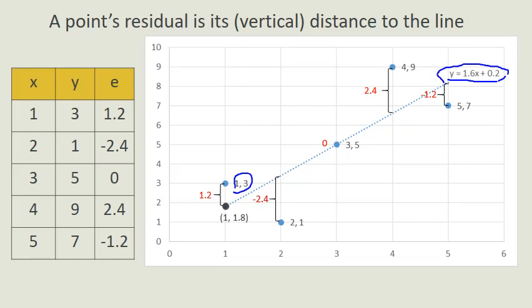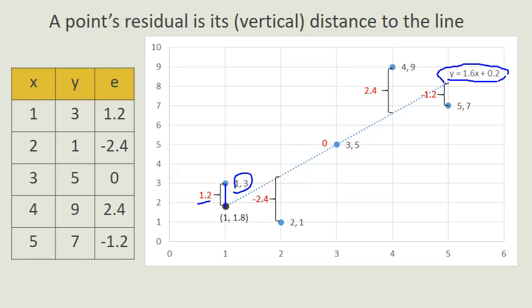And that would be the point on the line directly below the first data point. Then the distance between 1.8 and 3 is the residual value of 1.2. You can verify the other residual values shown here as well.